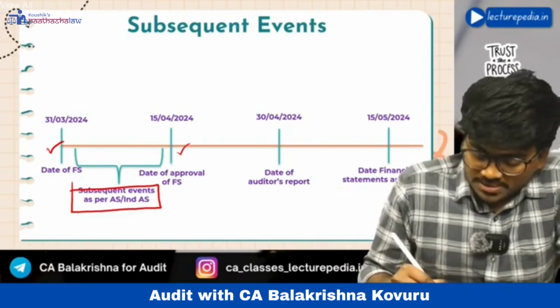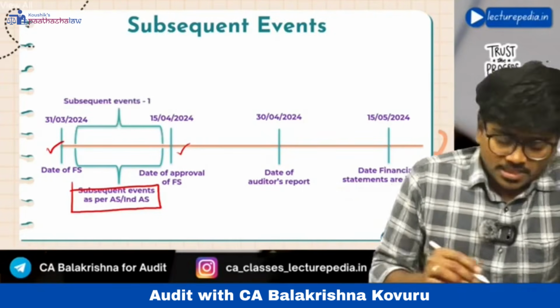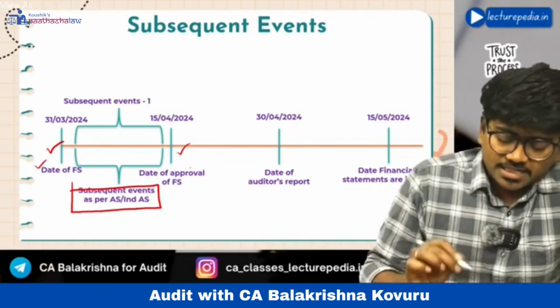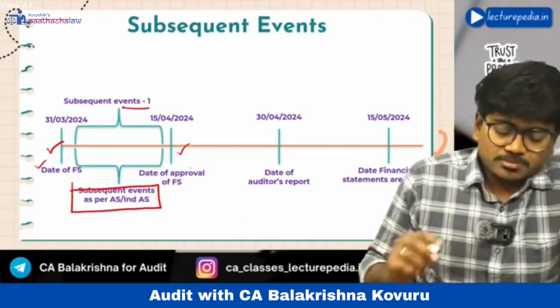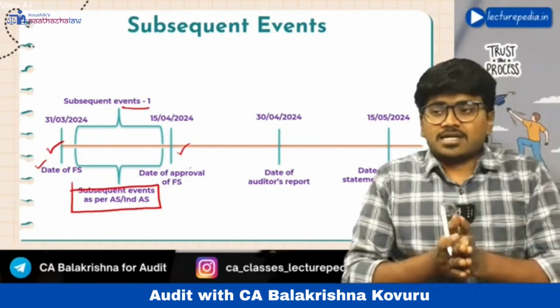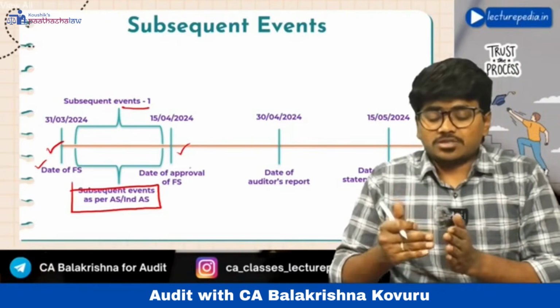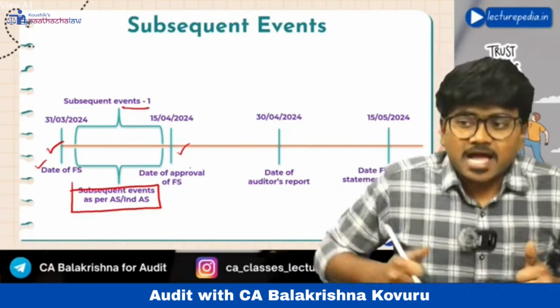Now as per auditing standards, the events that occur between the date of financial statements and the date of approval of financial statements, let us call them subsequent event number 1. The auditing standard has not divided it into subsequent events 1, 2, 3, but for the purpose of easily understanding, I am dividing it.